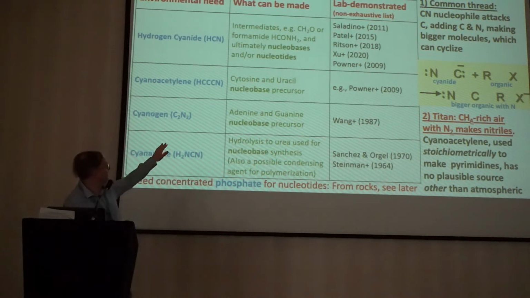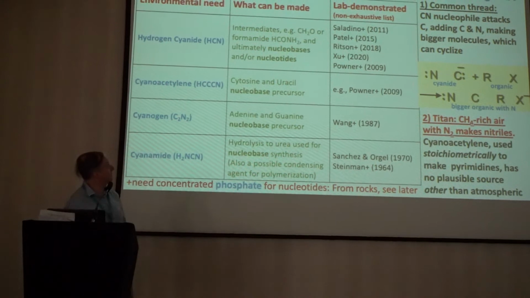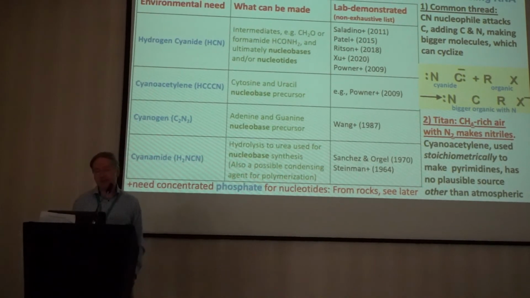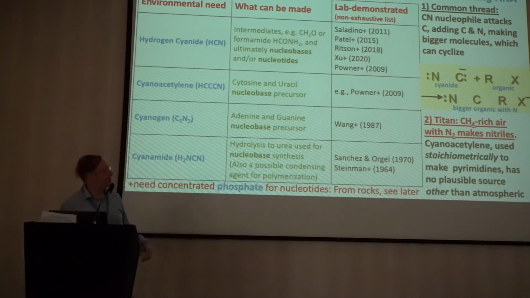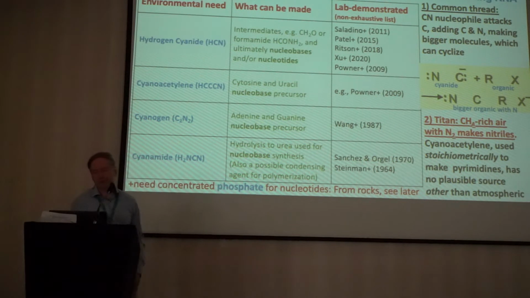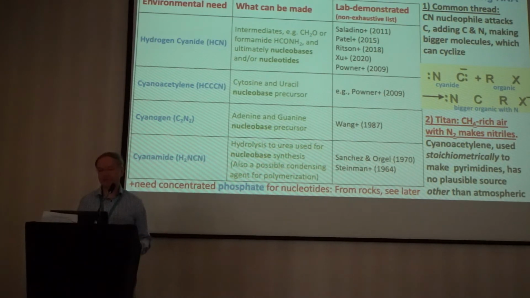And there are some things listed here, like cyanoacetylene, which is used to make the pyrimidines, and used stoichiometrically, so you need plenty of it. That doesn't really have a plausible source other than atmospheric. We also need phosphate, of course, for the nucleotides. That's part of those molecules, and that has to come from the solid Earth, from rocks.